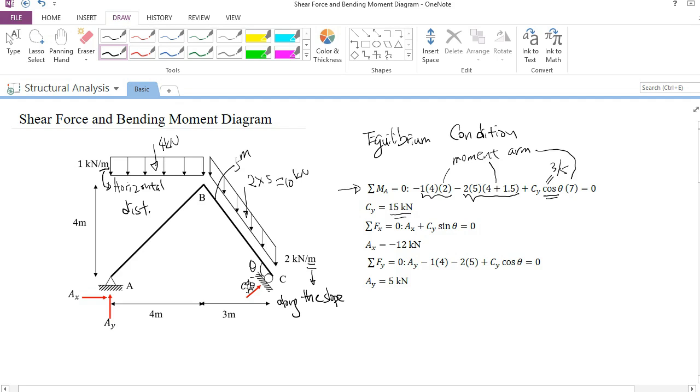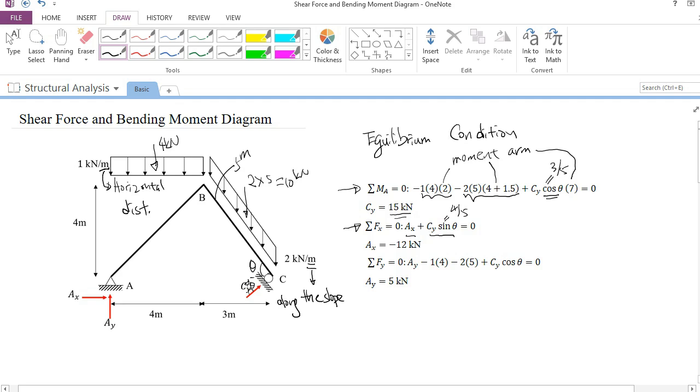And then from the second equilibrium condition, the summation of all the forces along the horizontal direction should be equal to 0, and this is Ax. Cy sine theta again is the projection of this inclined load on the horizontal direction. In this case, sine theta is 4/5.